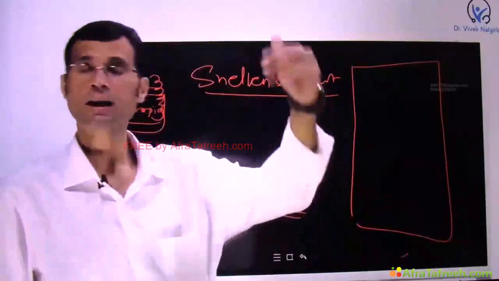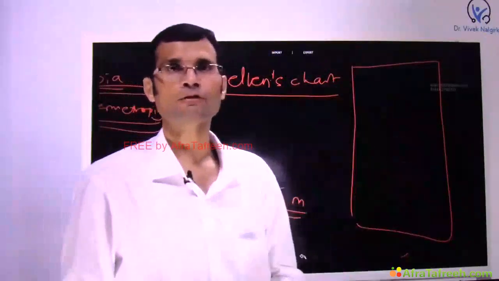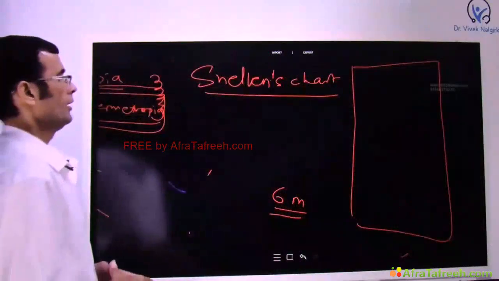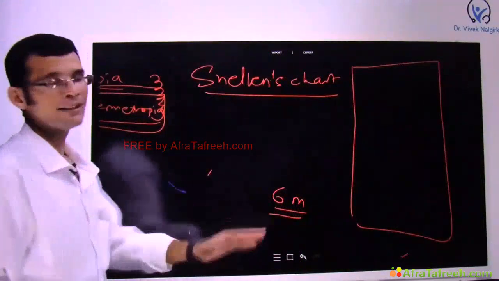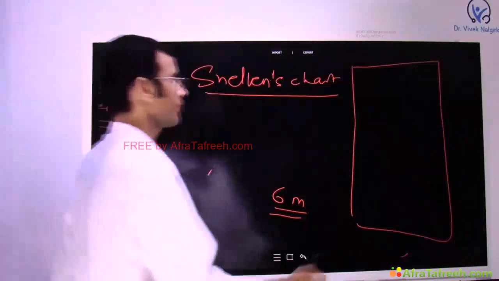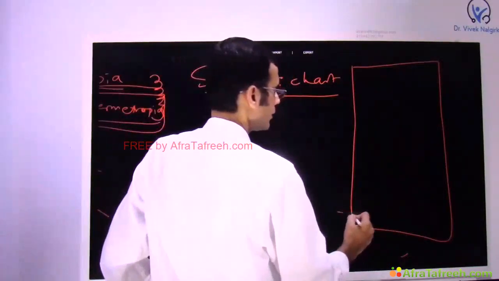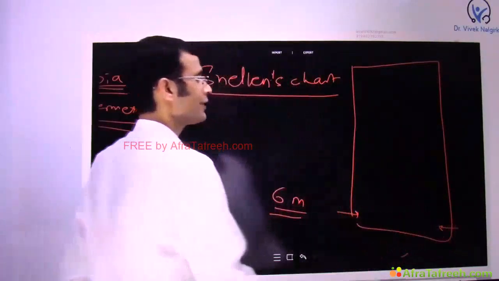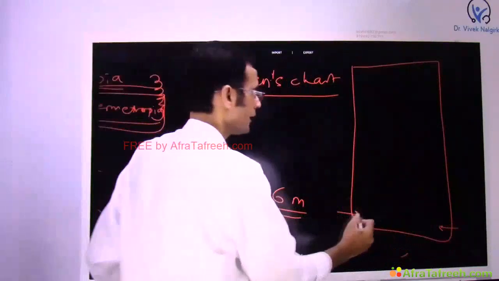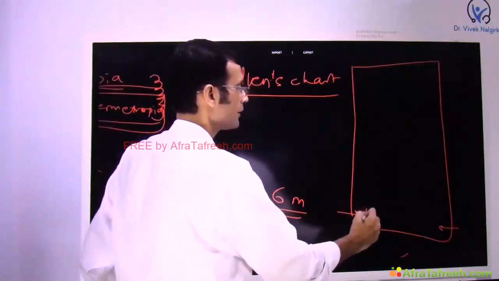From 6 meters up to infinity is the far point of vision. Fine. Snellen's chart is therefore placed at 6 meters, and the lowermost line is to be read from a 6 meter distance.